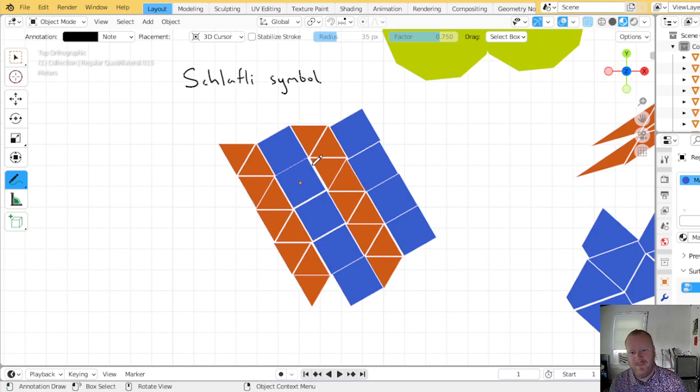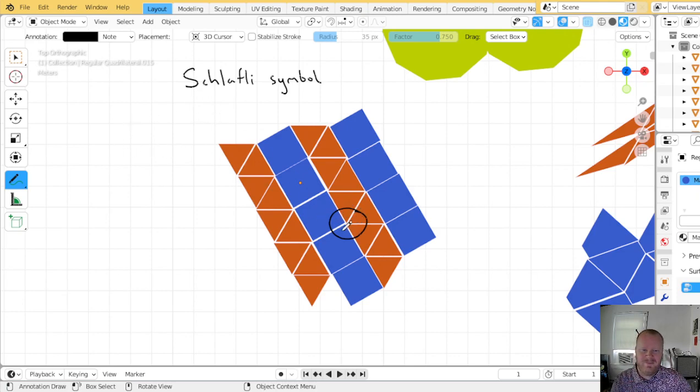So for this one here, looking at this vertex here, I have a regular four-gon or a square, a regular quadrilateral, a regular quadrilateral, triangle, triangle, triangle. So this is four-sided, this is four-sided, three-sided, three-sided, three-sided.